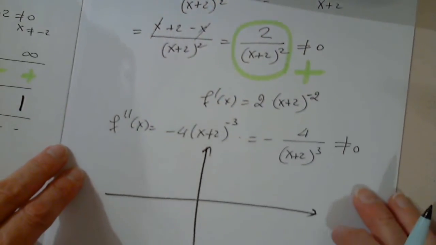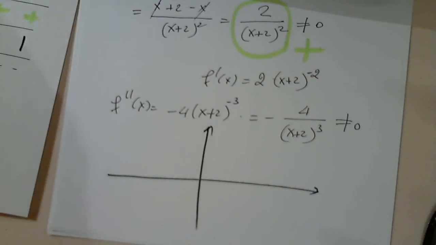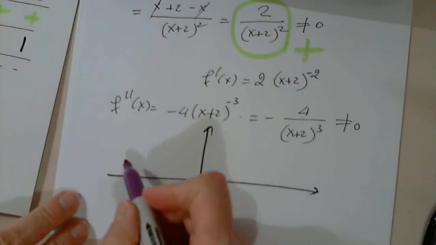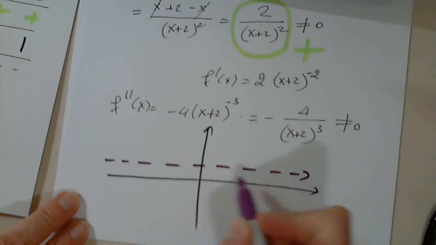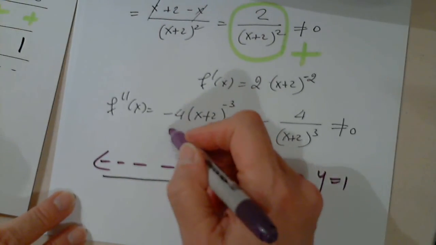So when I graph a function with asymptotes, I have to start by graphing the asymptotes. And here they are, two asymptotes here. Y equals 1 and x equals -2.